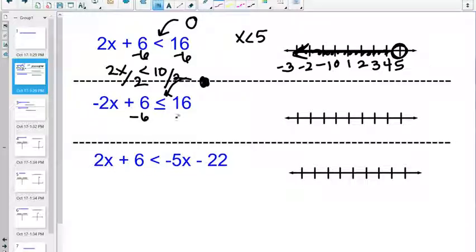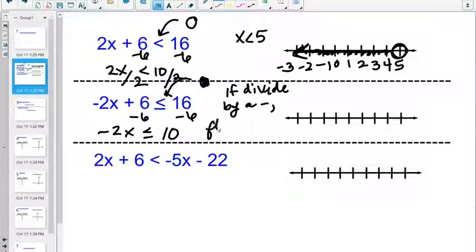This one's really similar, and I hope you see, though, that we're going to divide by a -2 this time, and that's when things change. If you divide by a negative, you have to flip the sign.